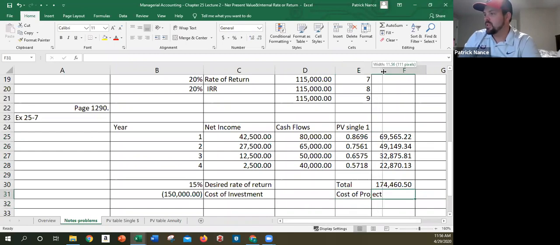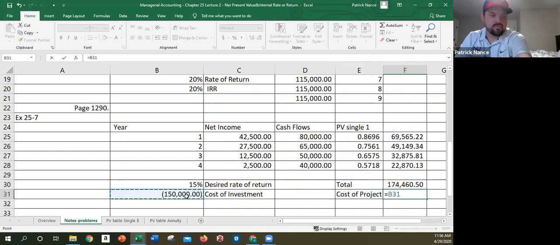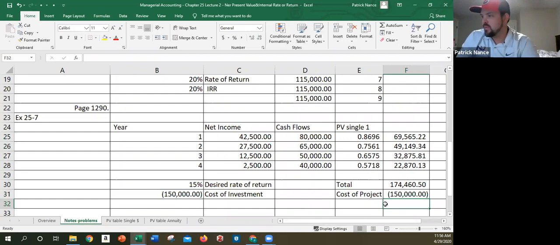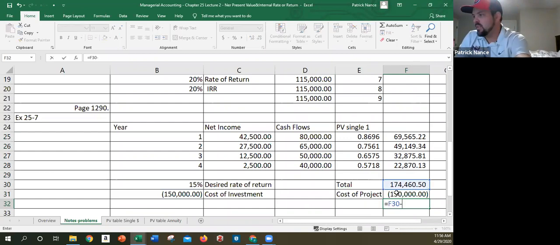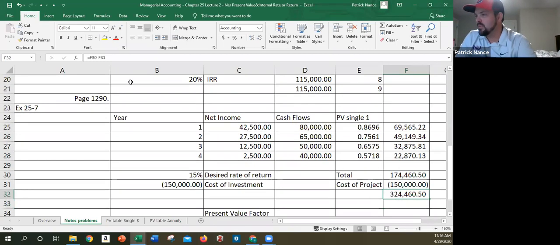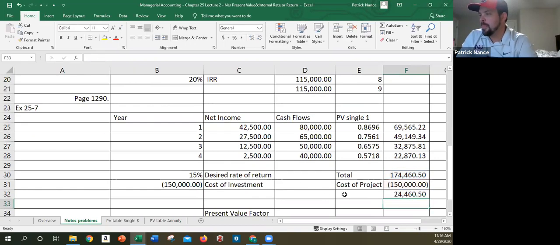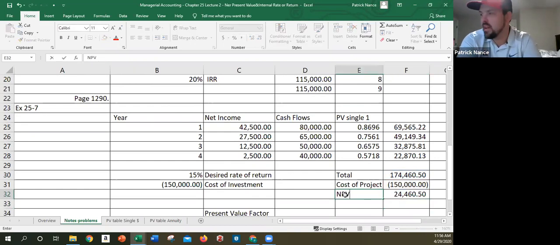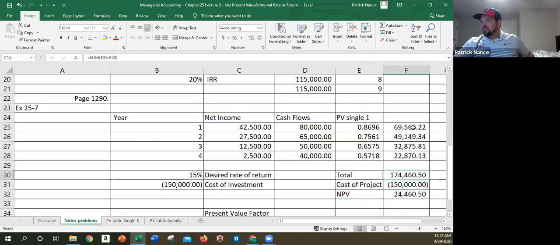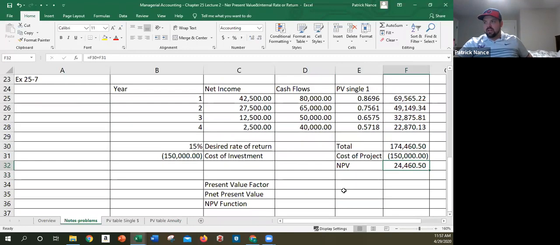In this case, the cost of the project was 150,000. So my net present value, whoops, I made it negative, so I gotta add. This would be my net present value for the project. Total present values of all the 4 individually done for the present value of a single dollar amount, subtracting out the present value of the cost of the project. And so this tells me that I'm returning more than 15% by an amount of 24,460.